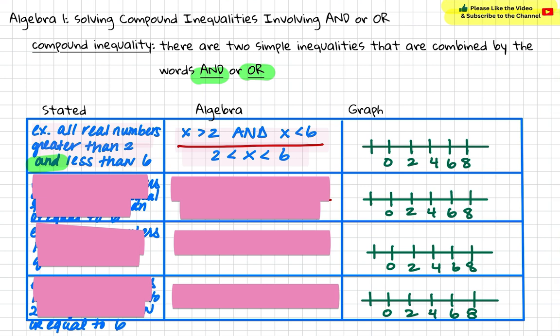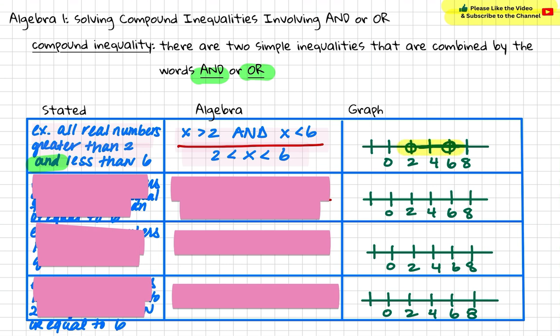Let's see, we're going to do green. You have an open circle. And then your numbers are going to go this way. And then it goes up to 6 though. And it's like that. And I'll highlight to show what it's going to be.